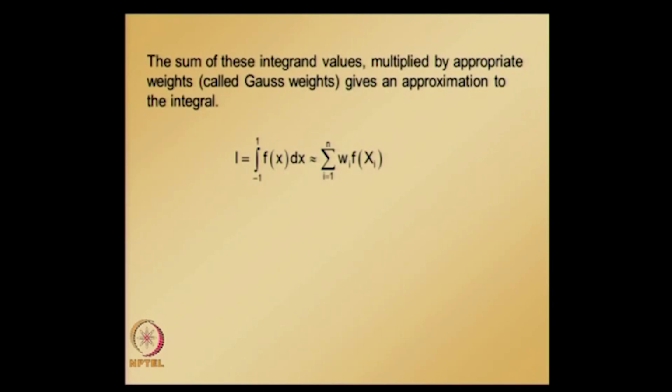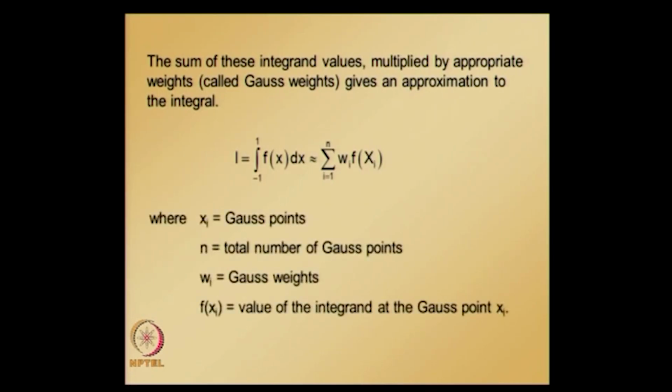So at predefined points x1 to xn, evaluate the function and multiply with the corresponding weights w1 to wn. Here xi is the Gauss point, n is the total number of Gauss points, wi are the Gauss weights, and the value of the integrand at the Gauss point xi is f of xi.